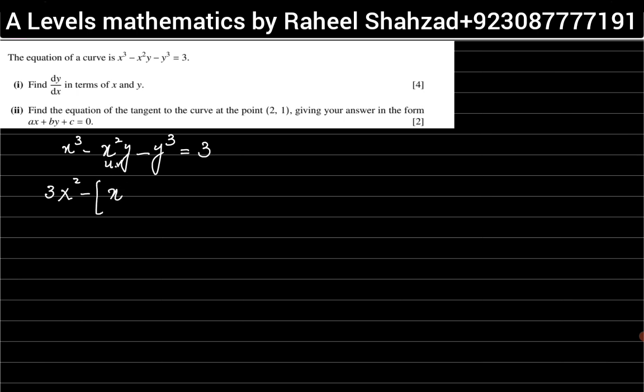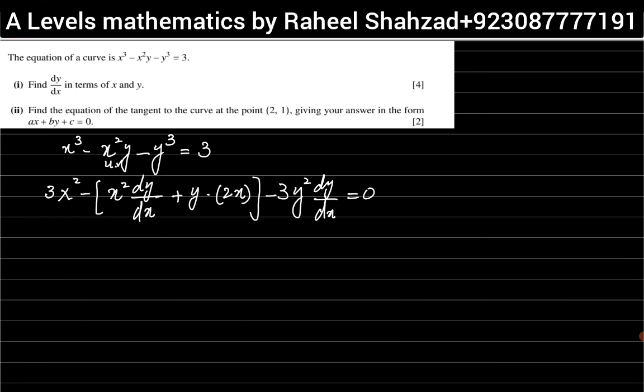First function as it is, derivative of second, that makes it dy by dx, plus y as it is, derivative of first, that makes it 2x, minus 3y square dy by dx is equal to 0.